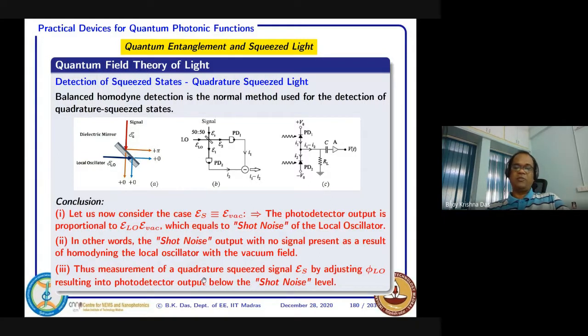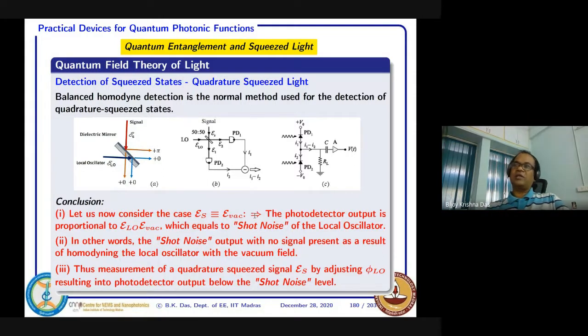So the measurement of a quadrature squeezed signal is by adjusting phi LO, resulting in photodetector output below the shot noise level. So if you switch on the signal, adjust your phase and look at one of the quadrature measurements, and it is coming below shot noise, that means you can say that it is squeezed light.